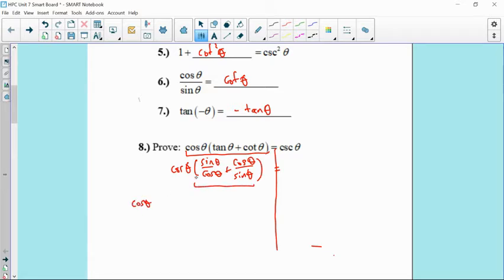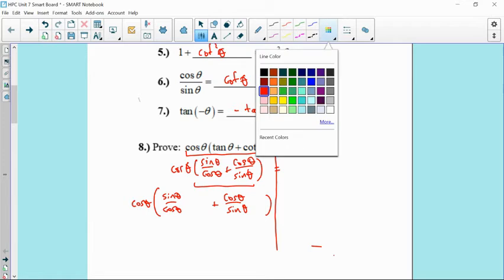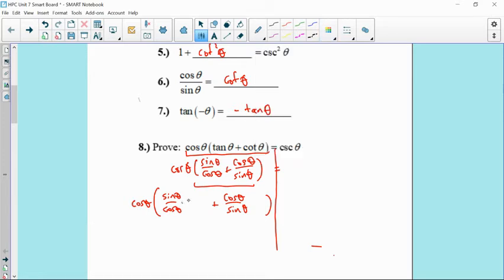So cosine theta times, to get a common denominator, what I'm going to need to do is basically multiply each of them by their opposite value. For this first one, I'm going to multiply by sine theta over sine theta. And this one, I'm going to multiply by cosine theta over cosine theta.